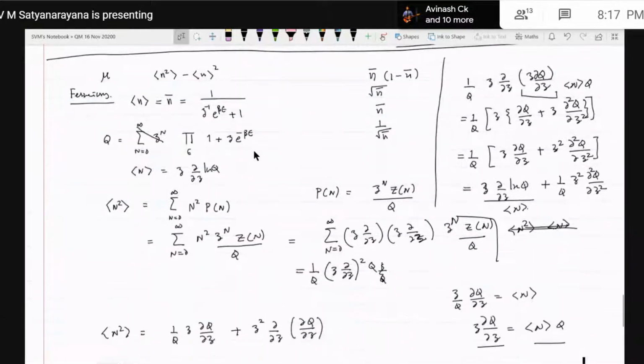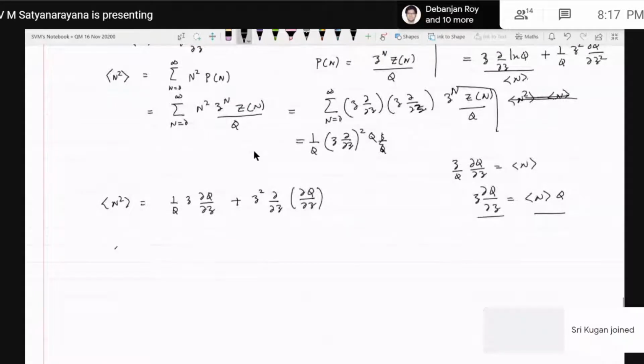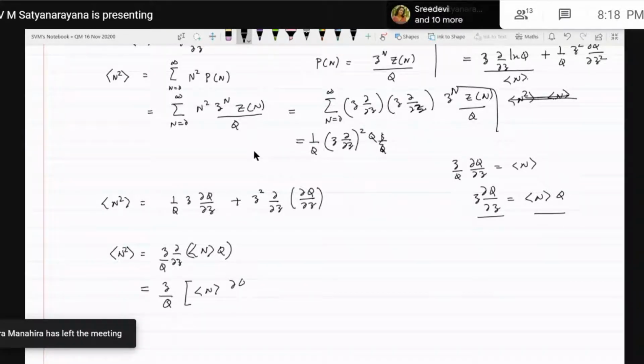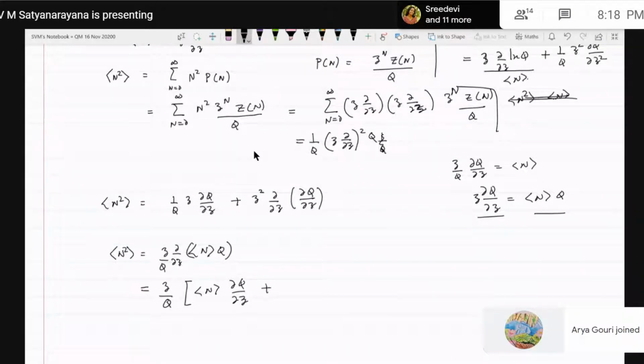So that gives you that the average n squared is equal to z by Q into average n times Q by z, plus Q times dou n by dou z.